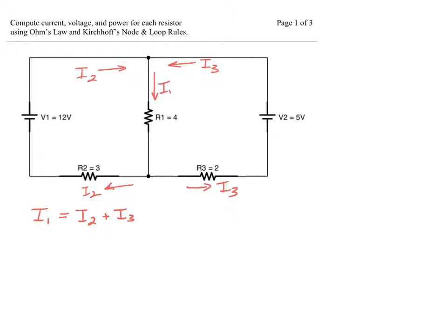So that would be our node rule, and we could make it either one of the nodes in this case because the circuit is simple enough. So Kirchhoff's node rule would give us that equation.